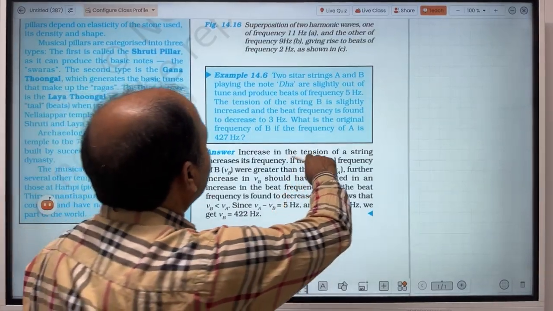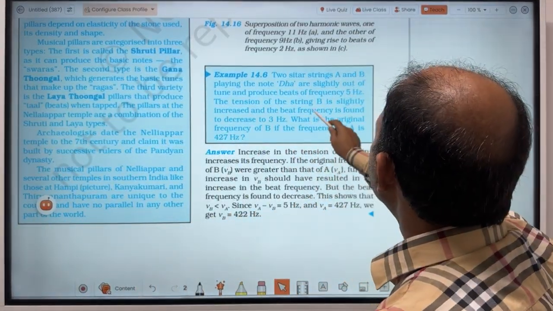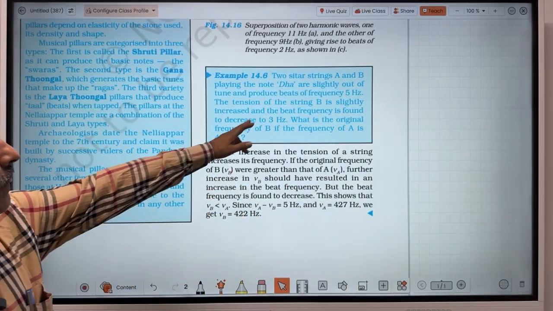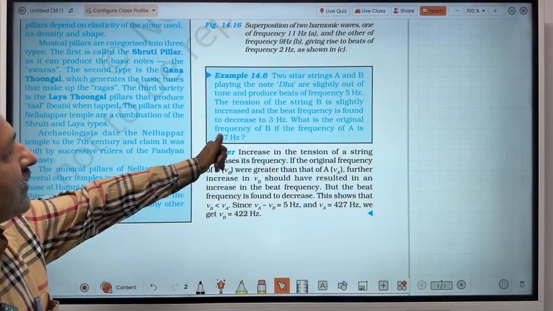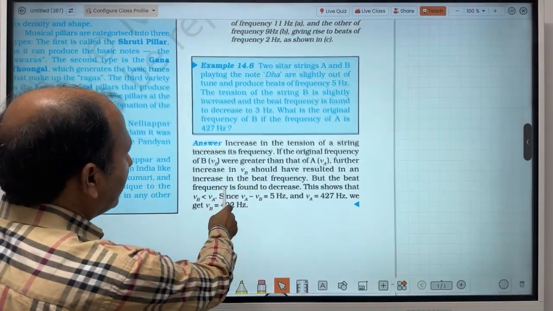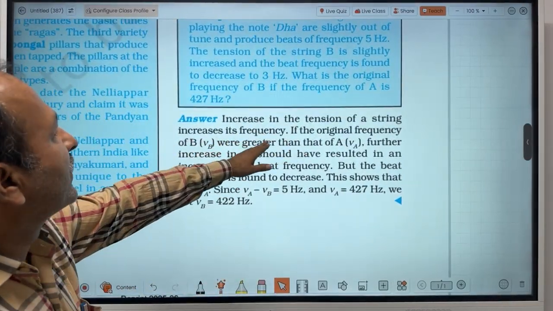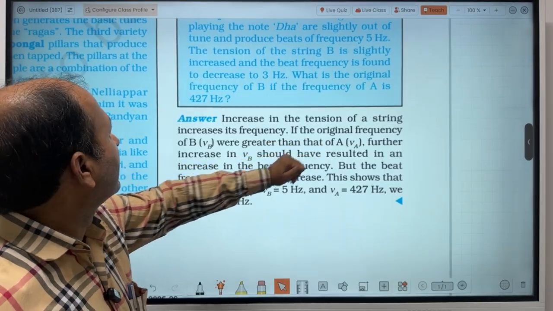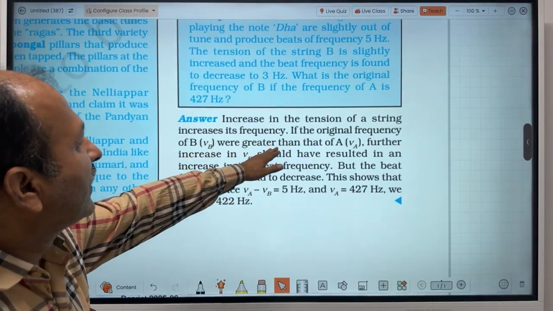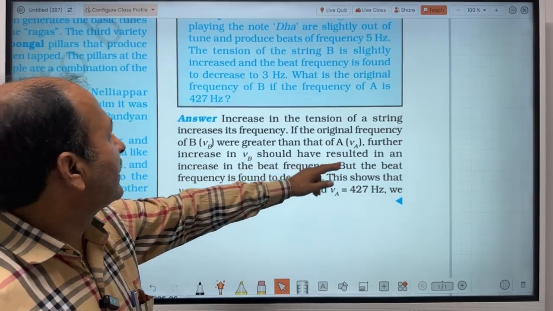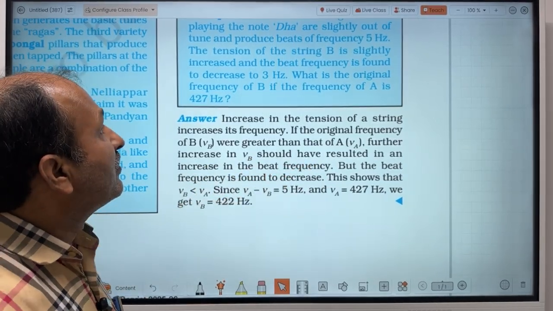So what is the basic principle? The basic principle is that when tension is slightly increased, the frequency increases. Increase in the tension of a string increases its frequency. If the original frequency of B were greater than that of A, further increase in nu B should have resulted in an increase in the beat frequency.